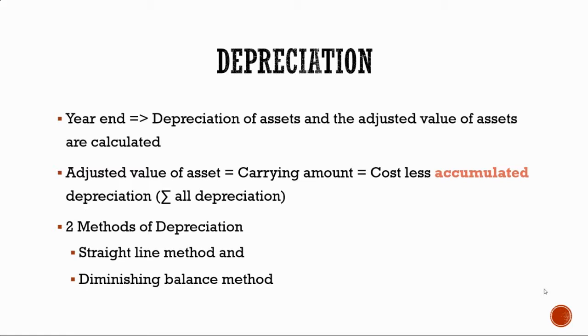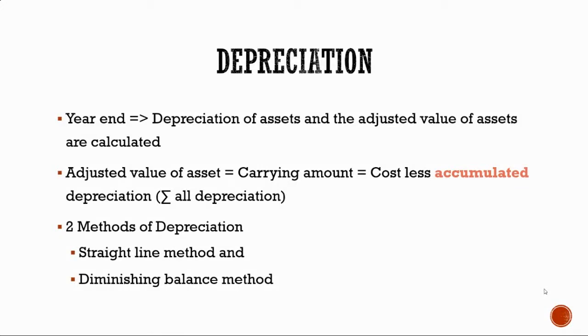Now we said there are two methods of depreciation. We get the straight line method, which means the depreciation charge will be exactly the same for every year. We work it out on the cost at a fixed percentage.